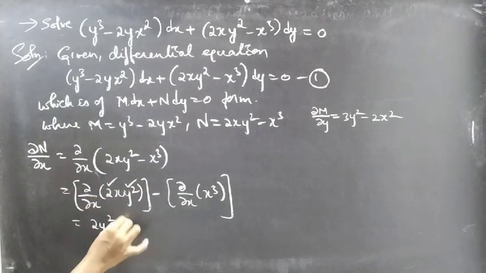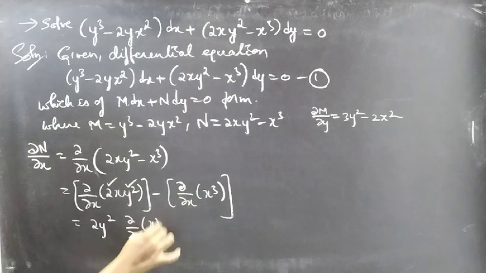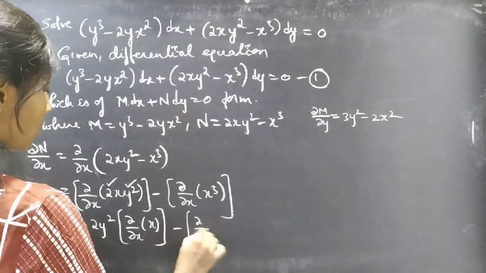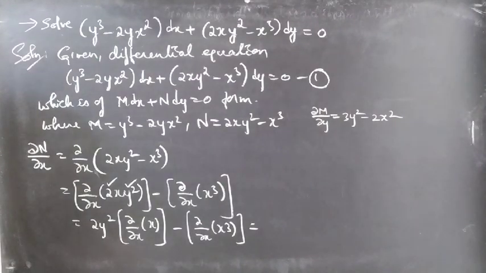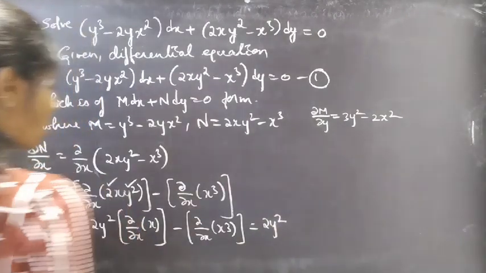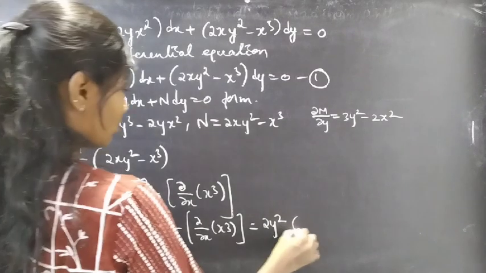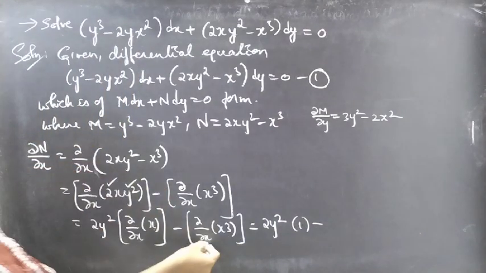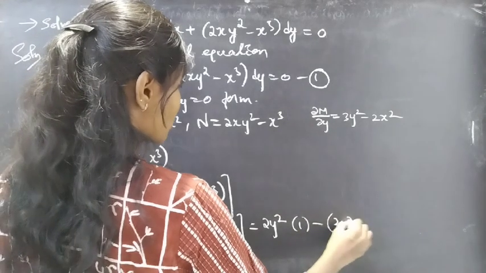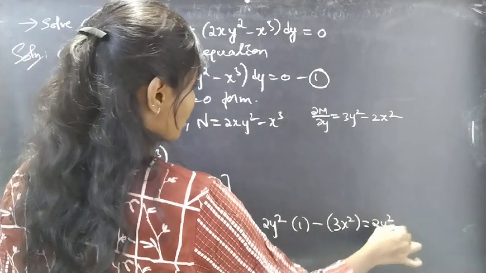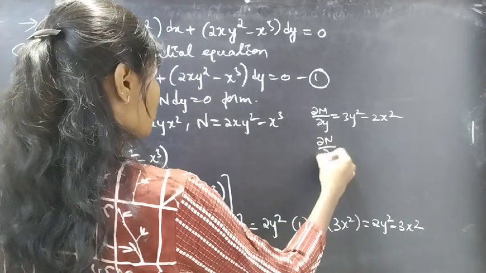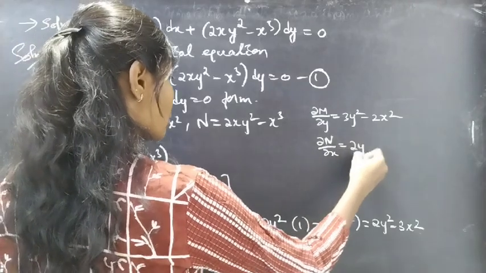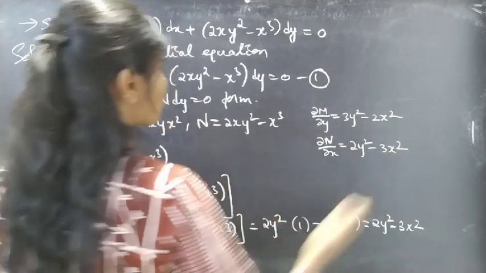You'll get 2y square into partial derivative of x with respect to x minus partial derivative of x cube with respect to x, which gives us 2y square into 1 minus 3x square, which is 2y square minus 3x square. Therefore, dou N by dou x equal to 2y square minus 3x square.